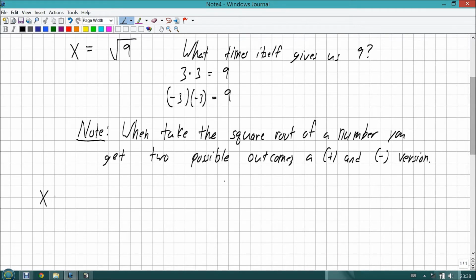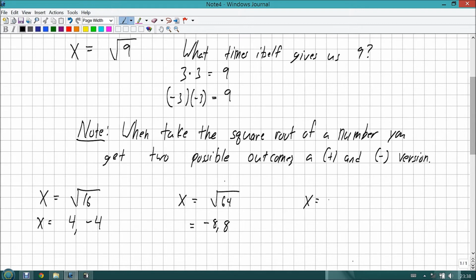If I say x is equal to the square root of 16, then x could be either positive 4 or negative 4. If x is equal to the square root of 64, then that would be negative 8 or positive 8.